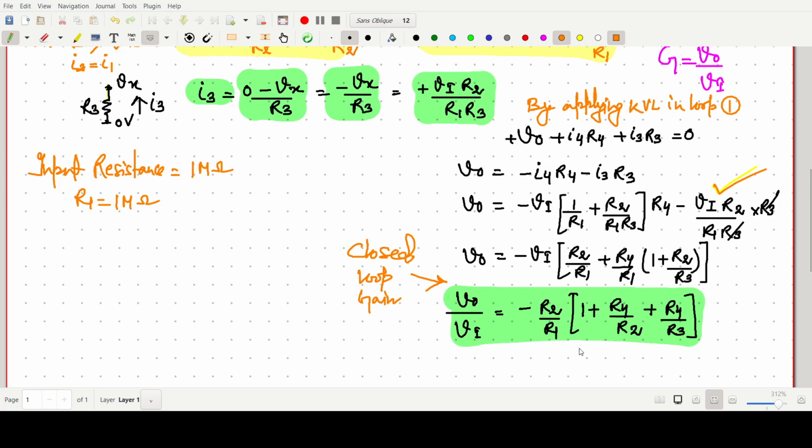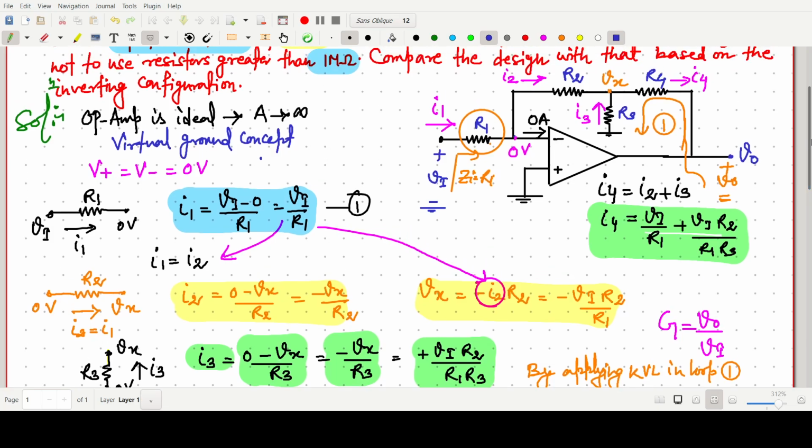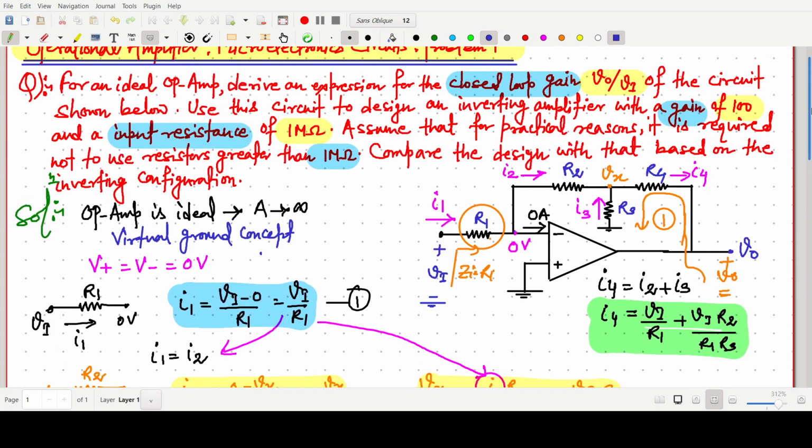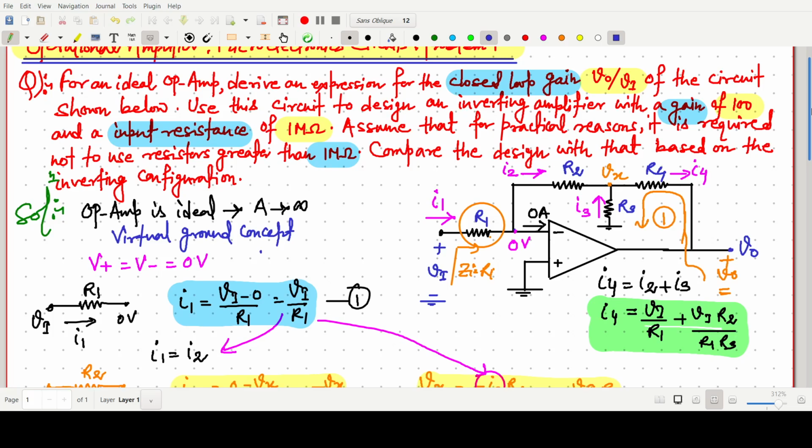Now for this design purpose, we are assuming R2 as also 1 mega ohm. And we have to make a gain of minus 100, a gain of 100.